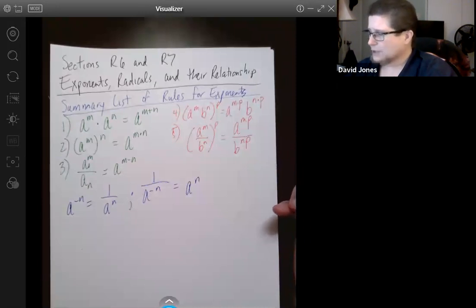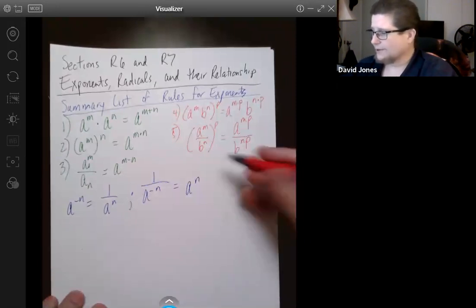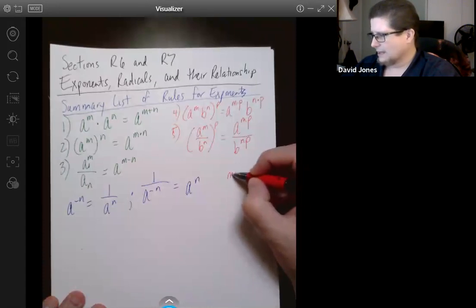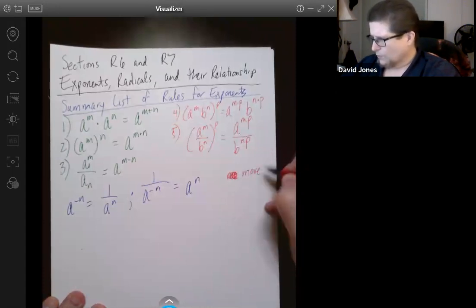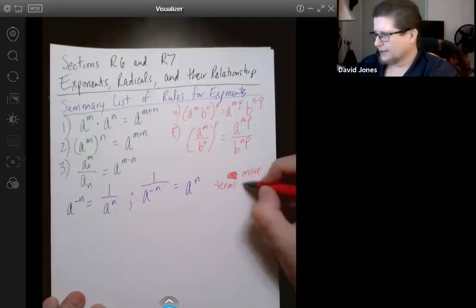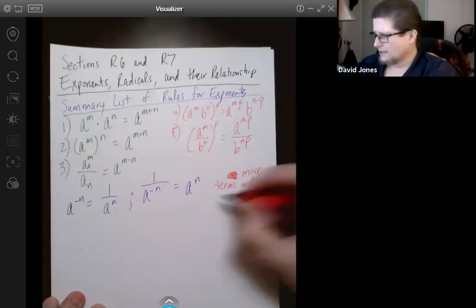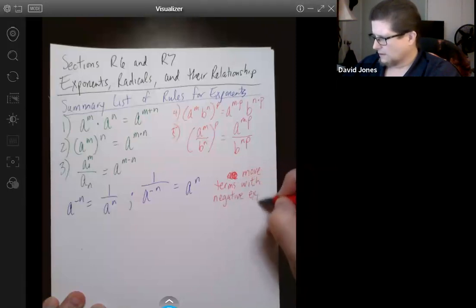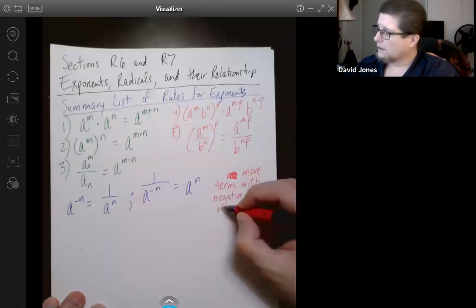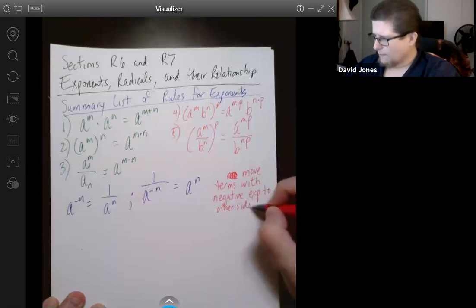So negative exponents flip to the other side. Move terms with negative exponents to the other side and make them positive.